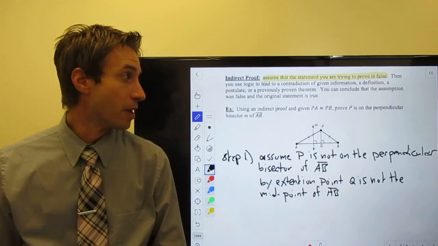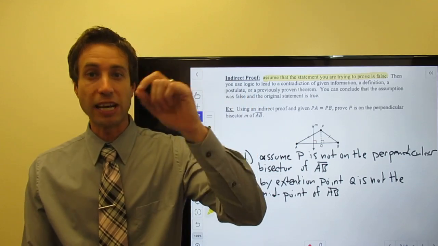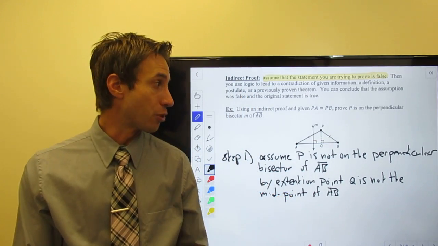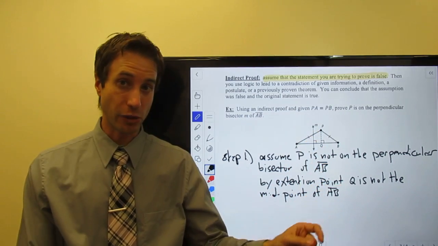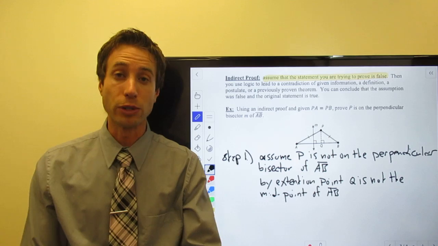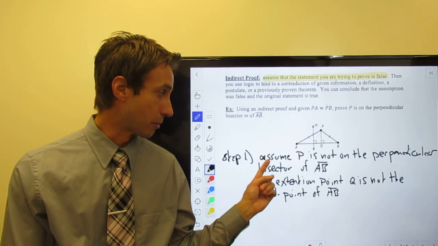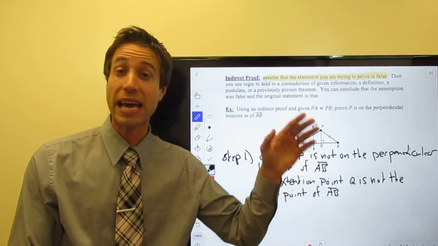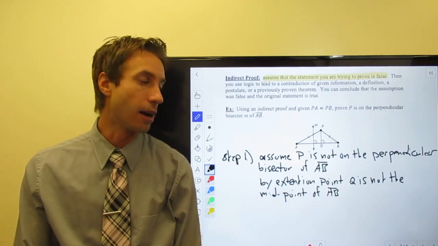All right, that's step one. In an indirect proof, you simply assume what you're trying to prove is false. Since I'm trying to prove that P is the perpendicular bisector and therefore Q would be the midpoint, I'm going to assume neither of those are true. I'm going to assume P is not the perpendicular bisector and that Q then is not the midpoint of AB.